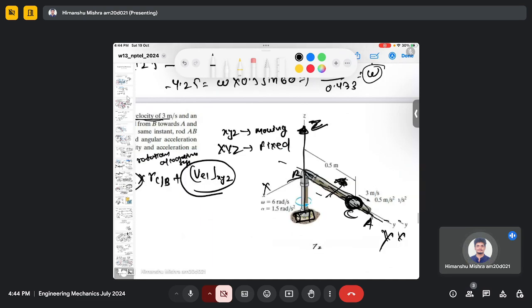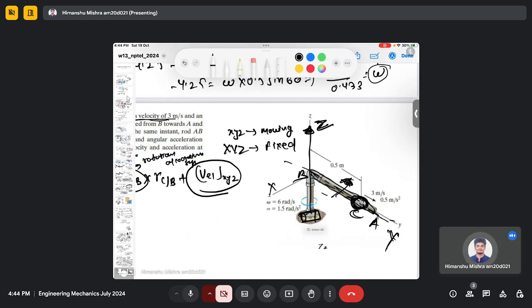Right, it's a relative velocity because the collar C is moving and this whole rod AB is also moving, so there is a relative motion between the motion of AB and the motion of C.